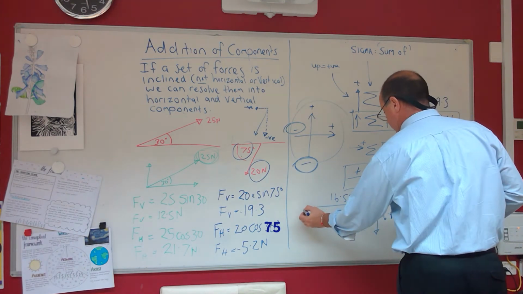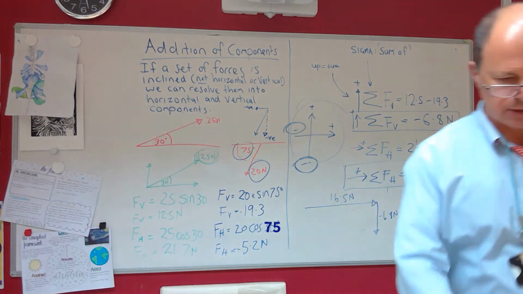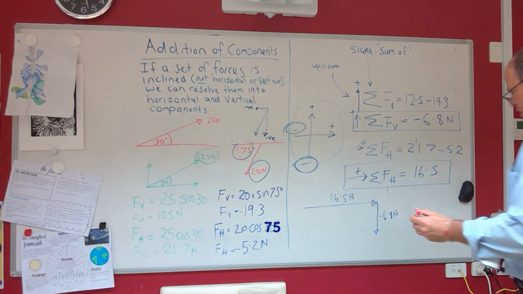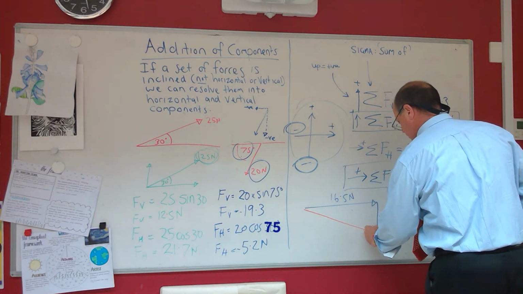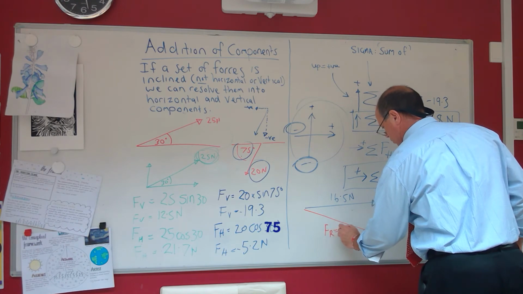And of course, that gives us, when we make our resultant, and let's do our resultant in a different color just to make it stand out, we're going to go like this and say force resultant equals question mark.